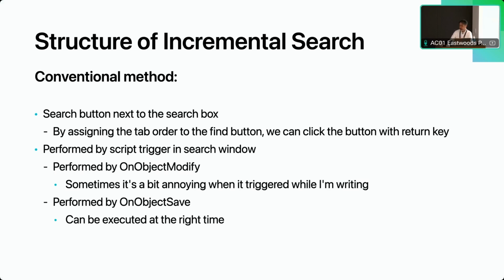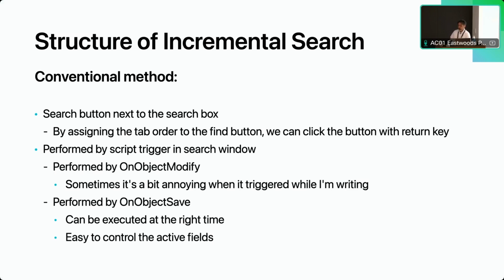For this reason, if the script is called when the user tries to leave a field, the script can refuse to let the user leave the field, which has the advantage of making it easier to keep the cursor in the search box even after the search has been performed.